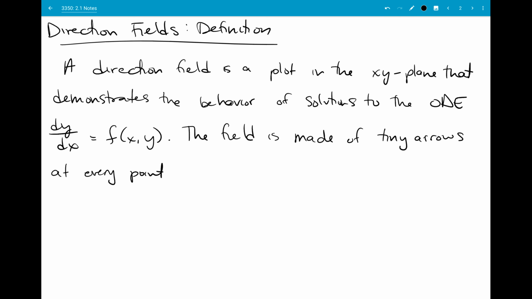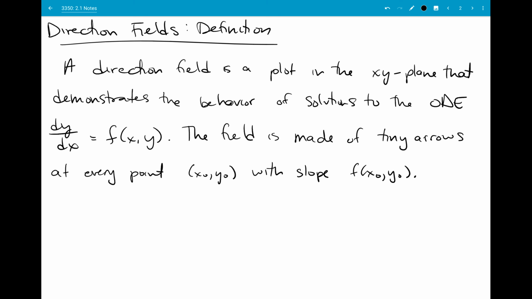At every point on the graph. And the way those arrows are helpful to us is because each of them has slope f of x0, y0. Each of them has slope that's given by that differential equation.